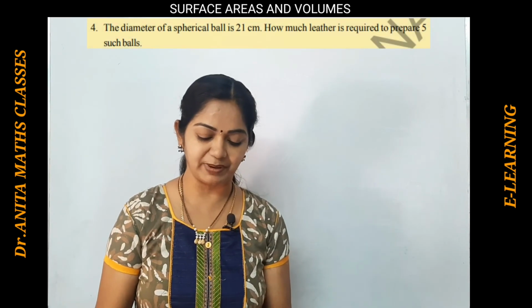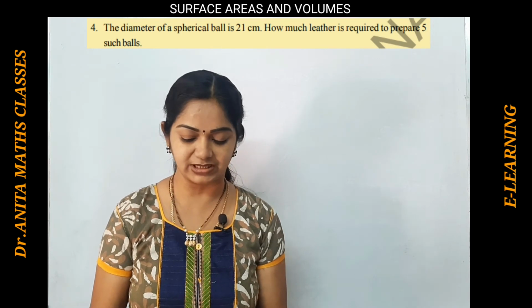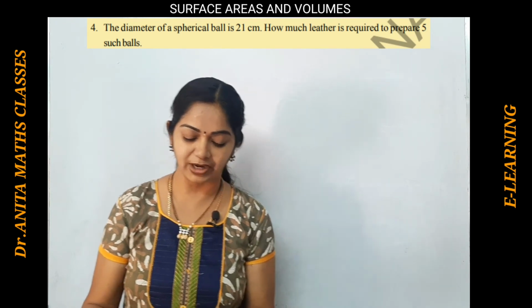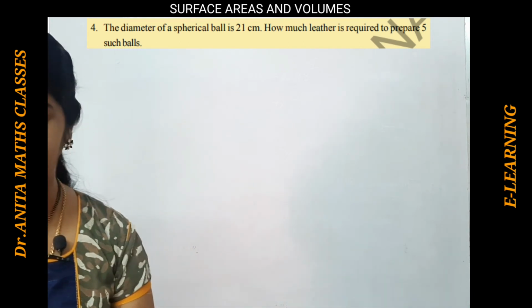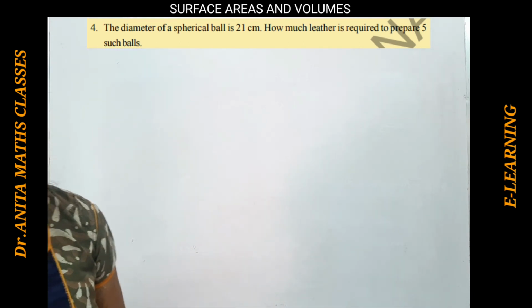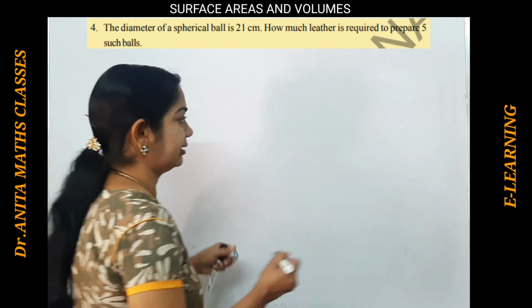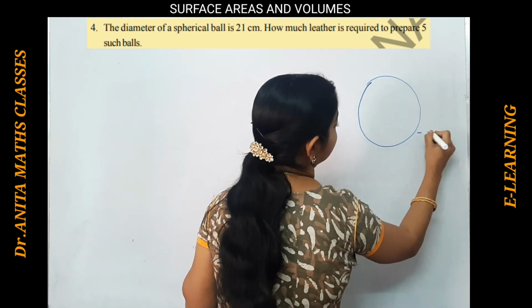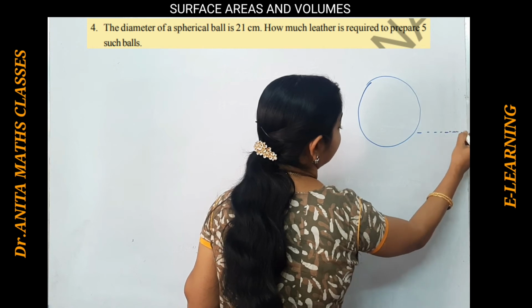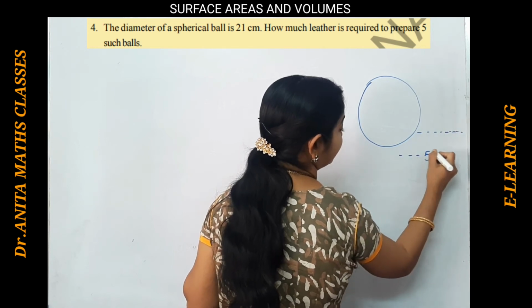The diameter of a spherical ball is 21 centimeters. How much leather is required to prepare 5 such balls? Here the diameter of the spherical ball is given clearly. It is a leather ball, so we have to find the leather used for 5 balls.